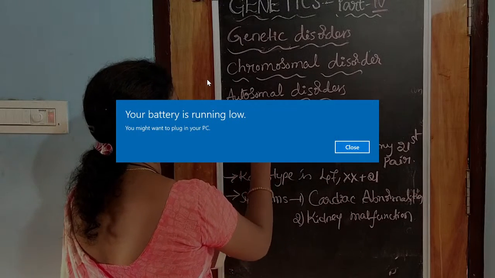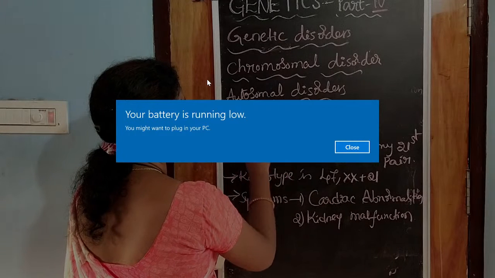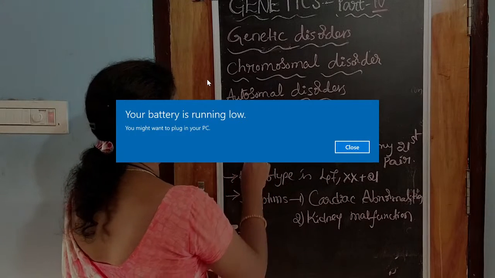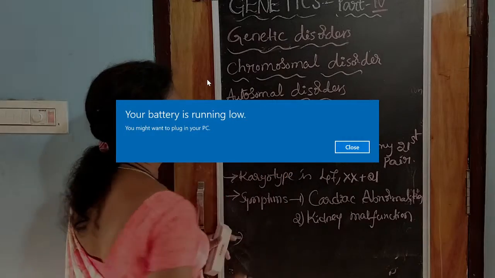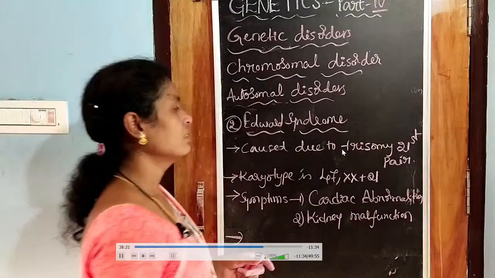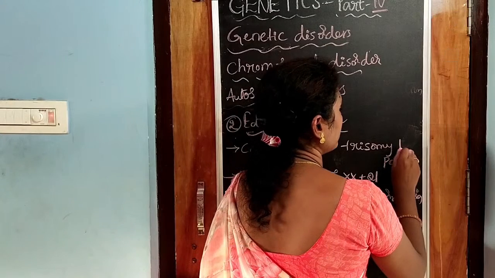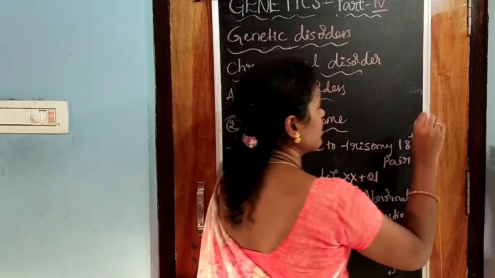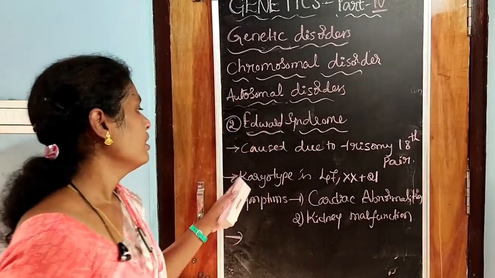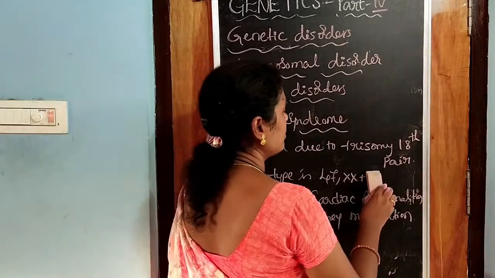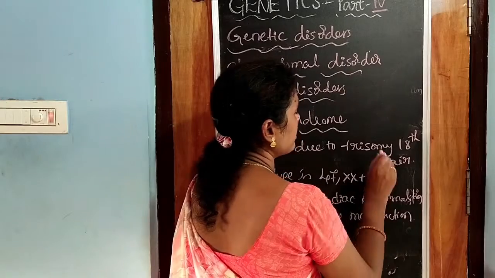The second one is Edwards syndrome. It is caused due to the trisomy of the 18th pair, and the karyotype is 47 XX plus 18.